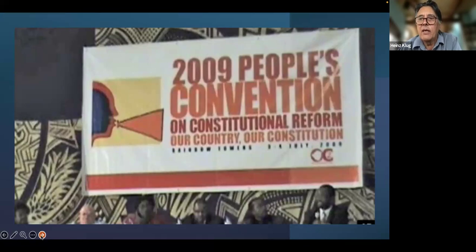So they created a government of national unity between the opposition and Mugabe's party, and they started this constitution-making process. Civil society wanted to control it, so they initiated this process of constitutional reform.